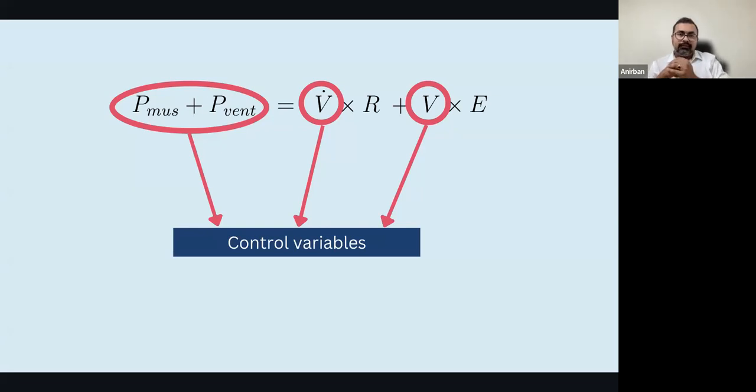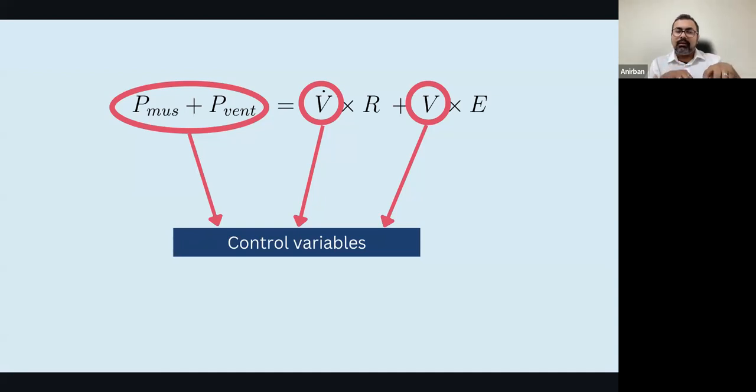If I use a flow controller, I will say that throughout the inspiratory phase, I will maintain this much amount of flow, say 50 liters per minute. It becomes a flow controller. And volume controller is that I will give this much amount of volume throughout the inspiratory phase. So your ventilator can either be a pressure controller, or a flow controller, or a volume controller.